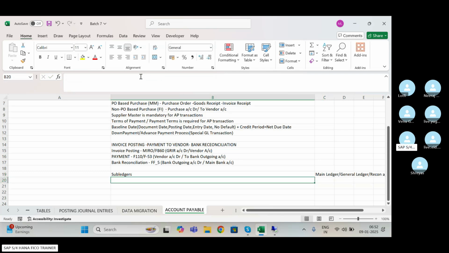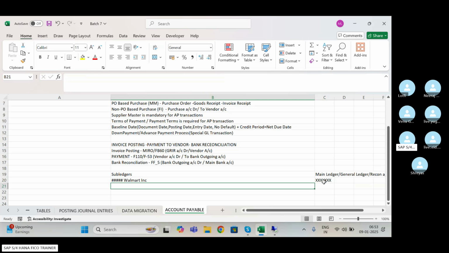Okay, so let's say here you have the Walmart vendor. Some code you'll create, some number, like you have for a GL account, you have some number, right? So for the vendor also you'll create some number. Let's say this is the number for the Walmart vendor. This will get linked to a certain GL number.